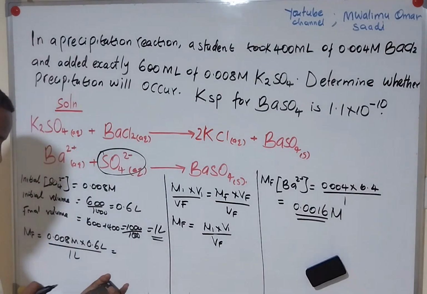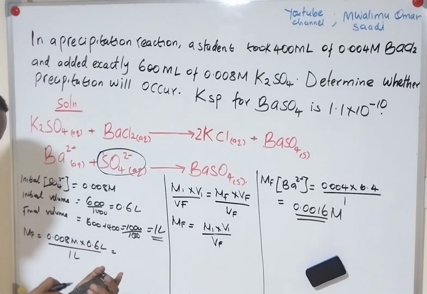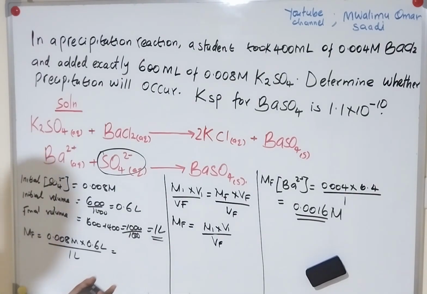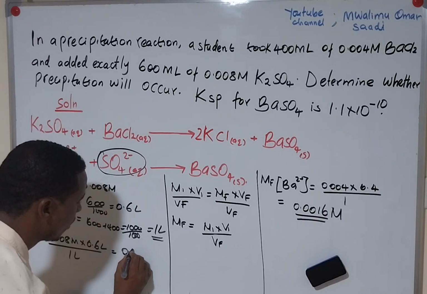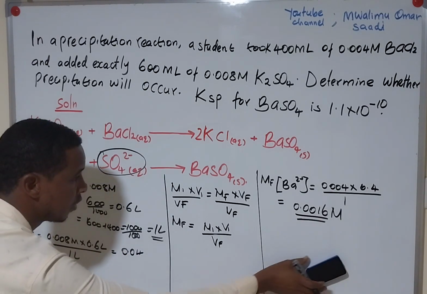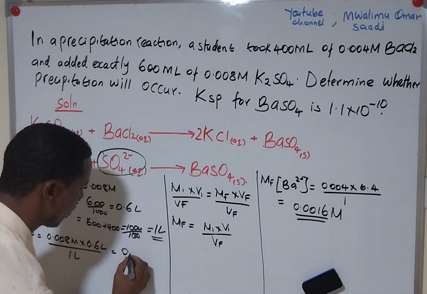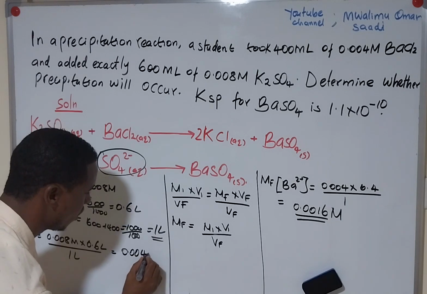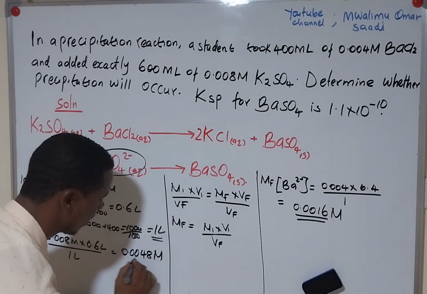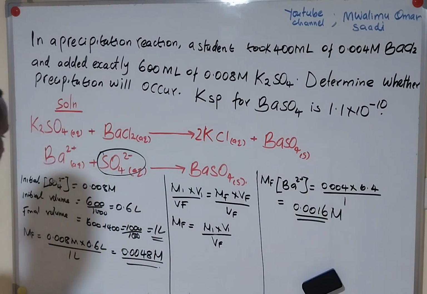So that will give us 0.008 times 0.6 over 1, which is 0.0048 molar. So that is the final concentration of sulfate ion.